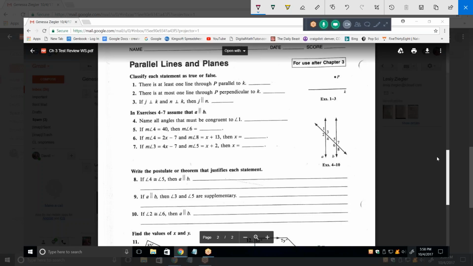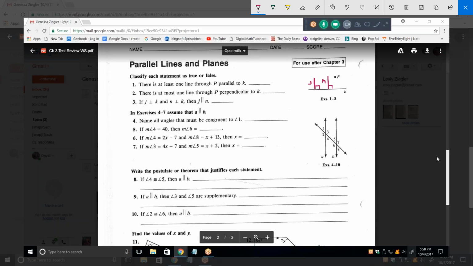False. Oh, let's draw a line J. Okay, that's line J, and that's perpendicular to K. And then let's draw another line that's perpendicular to K that we're going to call N. If you have two lines that are both perpendicular to a straight line, then those lines are parallel. Notice why.